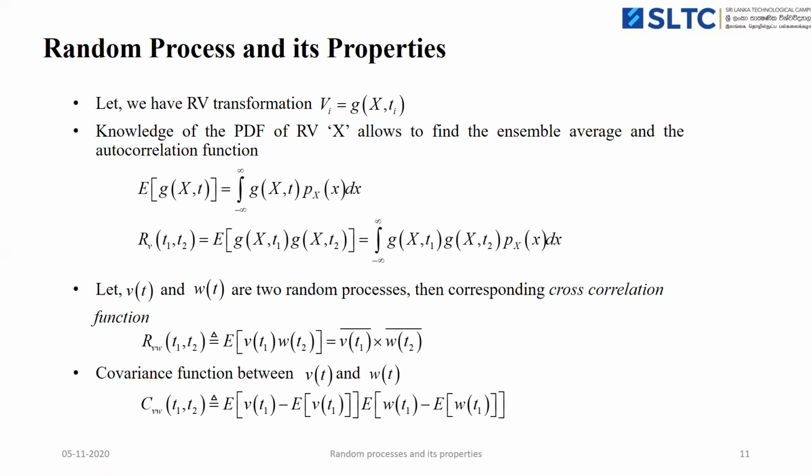The cross correlation function of these two random processes v of t and w of t is denoted by R vw of t1 comma t2, because both are different random processes, and it equals the expectation of v of t1 and w of t2. So we get the cross correlation function, which equals v of t1 bar w of t2 bar.